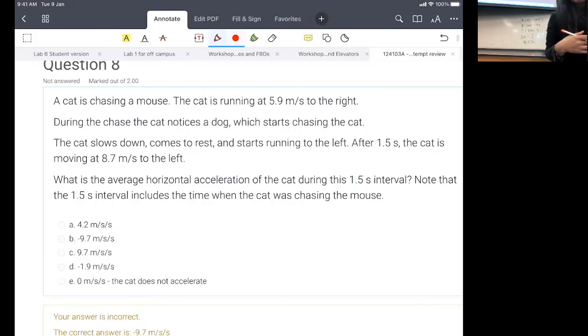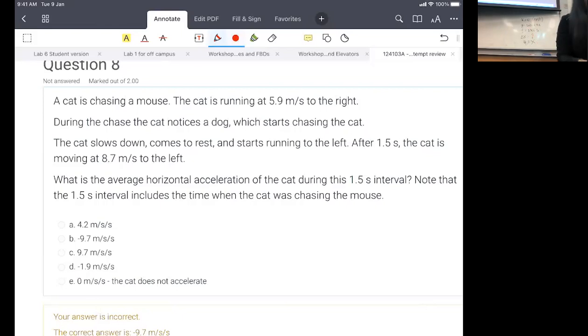And after 1.5 seconds from the beginning of the chase, the cat is moving at 8.7 meters to the left. And what's the average horizontal acceleration of the cat during the 1.5 second interval? So note here, the 1.5 seconds includes the time when the cat was chasing the mouse.